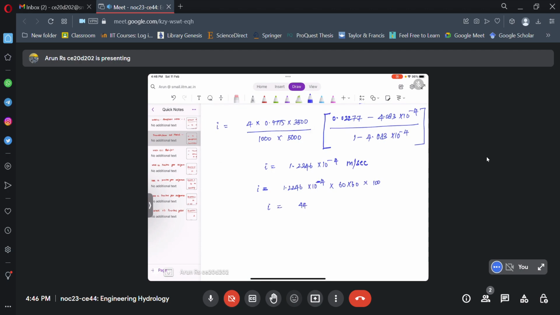It is around 44.084 centimeters per hour. So this will be the intensity of the precipitation that happens because of this convective cell.